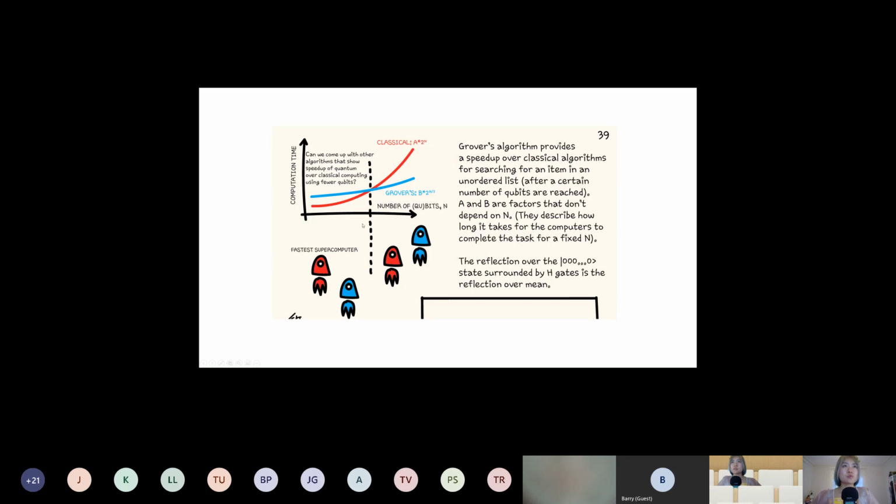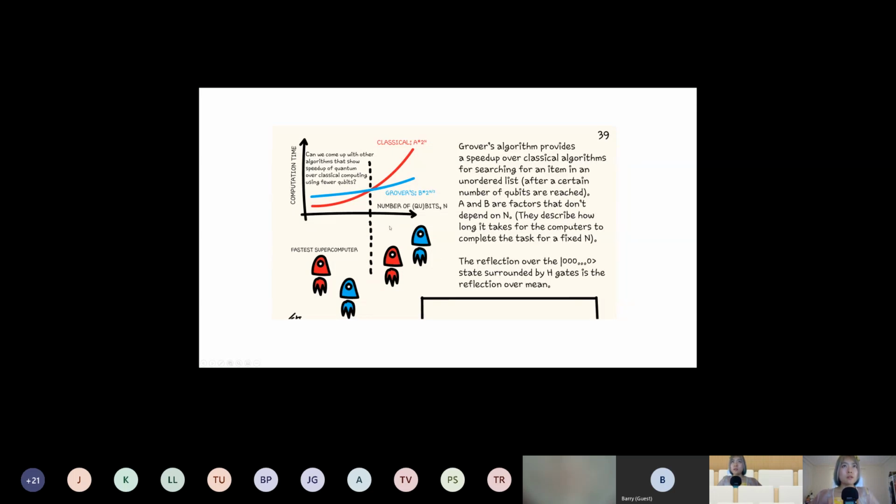It's like a race between a supercomputer and a quantum computer, where with a small number of qubits, you can just do it with a classical computer. There's not much reason why you would use a quantum computer to run it. But when the number of qubits gets really large, then that's when Grover's algorithm really can take off.